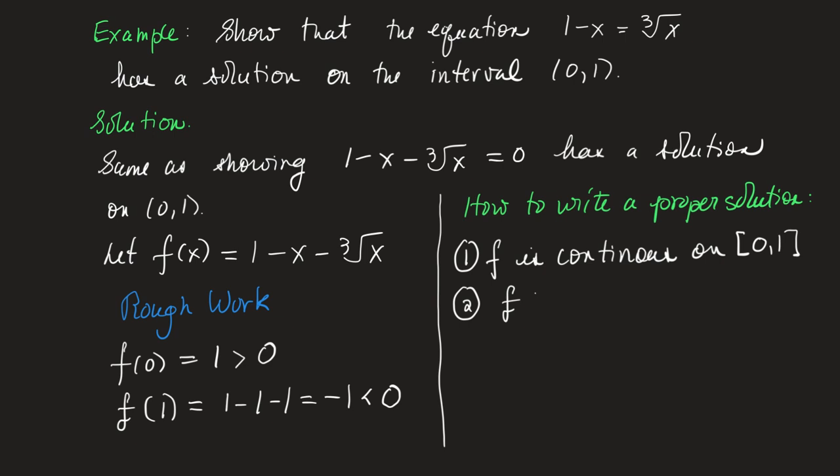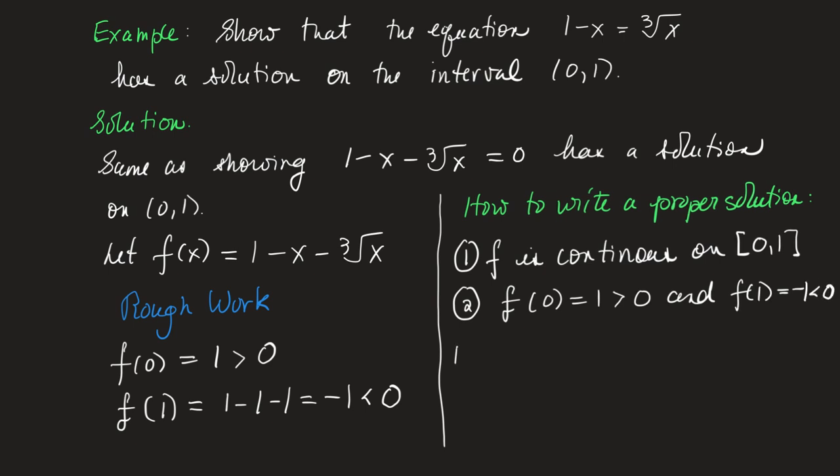So you have f of 0 is equal to 1, which is bigger than 0. And you have f of 1 is equal to minus 1, which is less than 0.